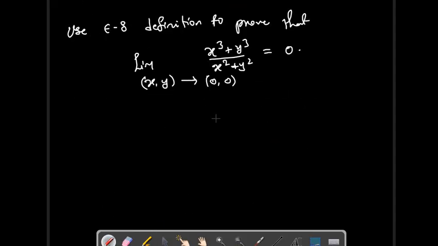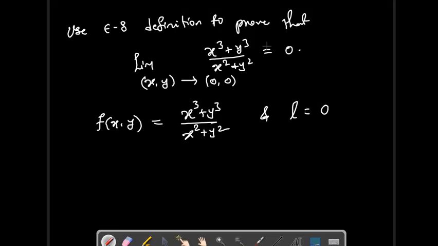So here, use the epsilon delta definition to prove this. Okay, so first what shall we do? We write the function f of x comma y, which is given, and here the limit L is 0, they gave us. Our aim is, if you start with an epsilon, then you need to find a delta greater than 0.